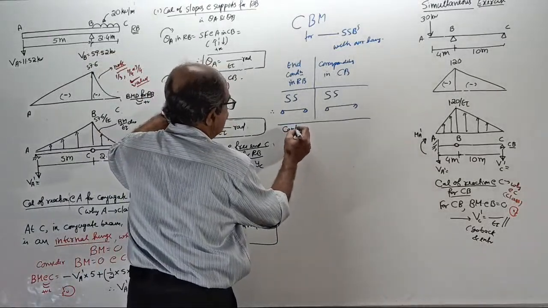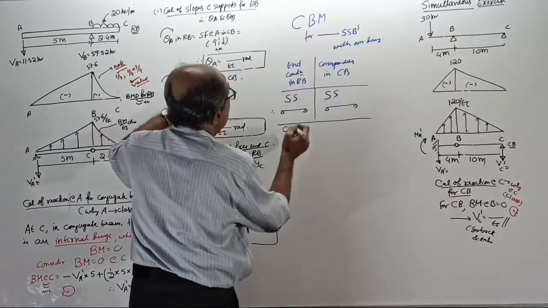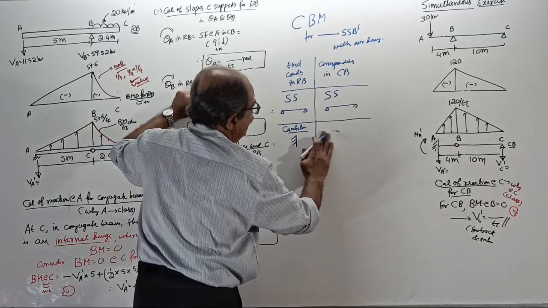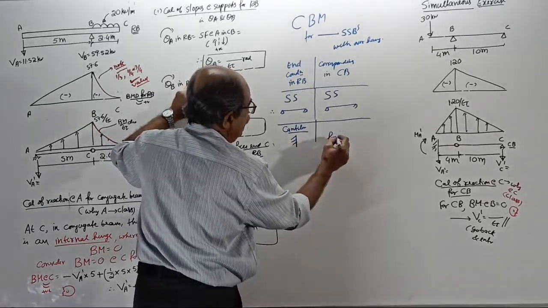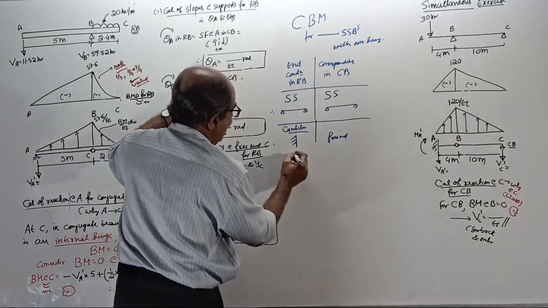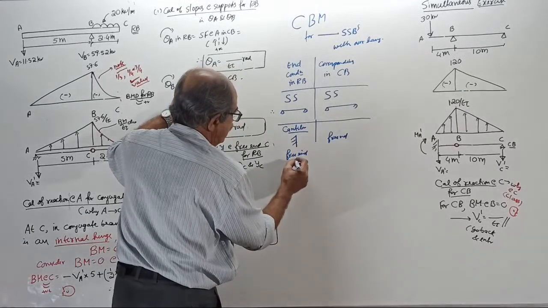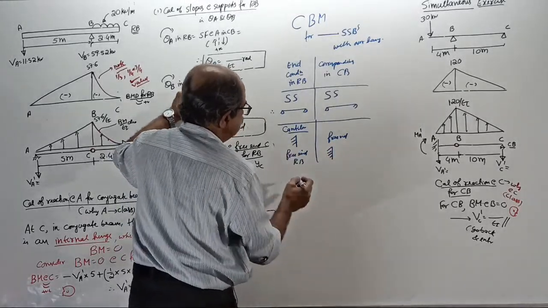Cantilever. Fixed end in real beam becomes free end in conjugate beam, whereas free end in real beam becomes fixed end in conjugate beam.